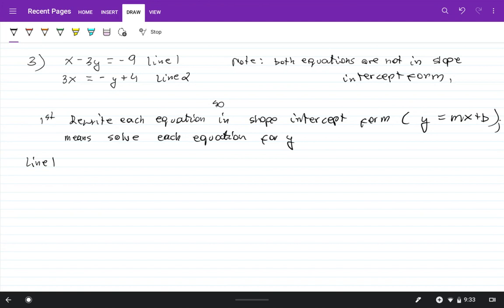So line 1 has the equation x minus 3y equals negative 9. We're going to solve for y, so we subtract x from both sides. That will cancel. We end up with negative 3y equals negative x minus 9. And you need to isolate y, so you divide each by negative 3.